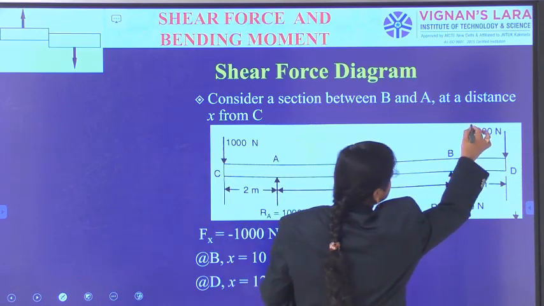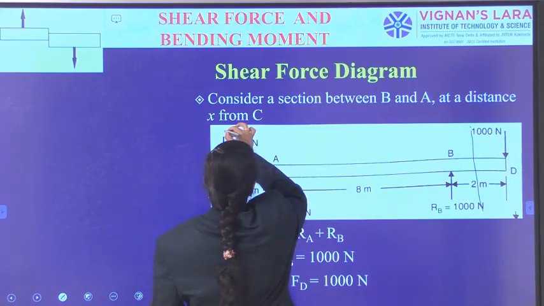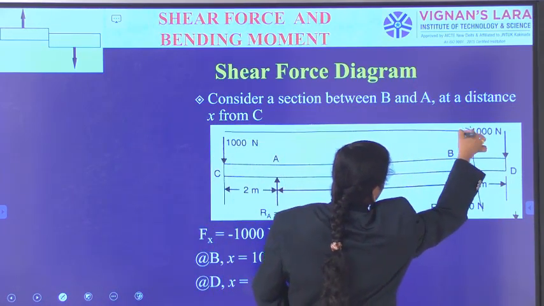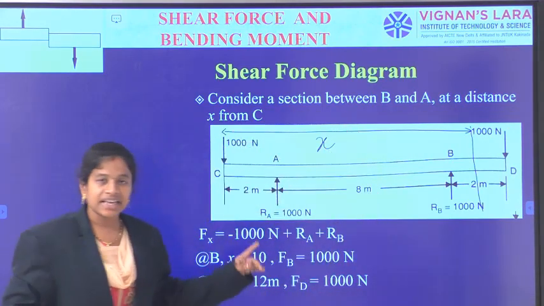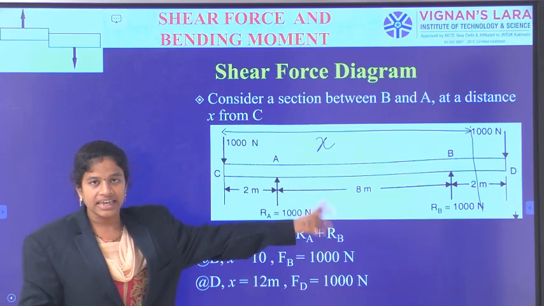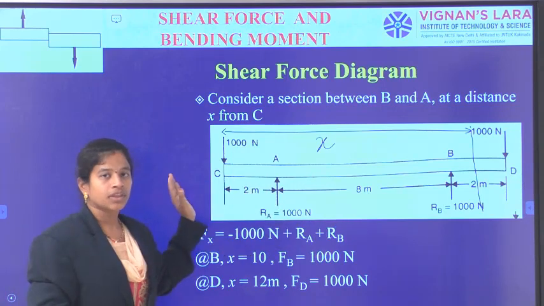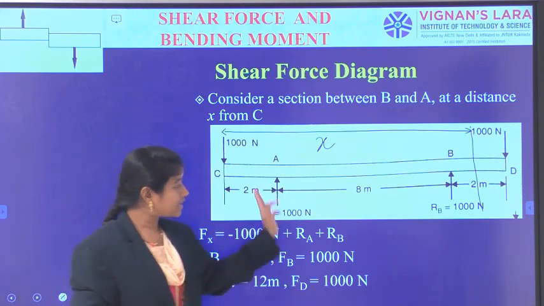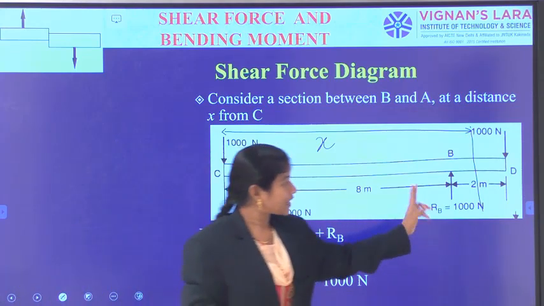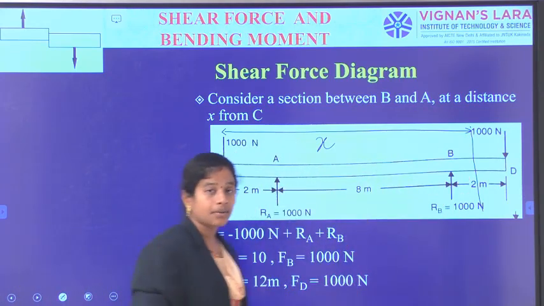Now, I am considering the next section line at a distance of x, again from C. Now, the next section line is between B and D, and x is measured from C. It is involving the forces left side downward 1000, an upward Ra, and an upward Rb.